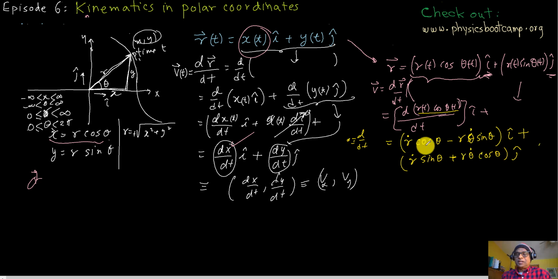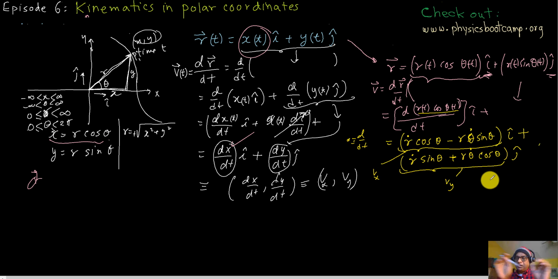So that's going to be the velocity. That's v sub x, and this is v sub y, but written using r and theta. So that's sometimes useful. It's problem dependent, but if you are not comfortable with doing this, you will miss it, because when there's a problem, you could think i hat and j hat, but you would use r and theta because the problem is simpler in terms of r and theta.